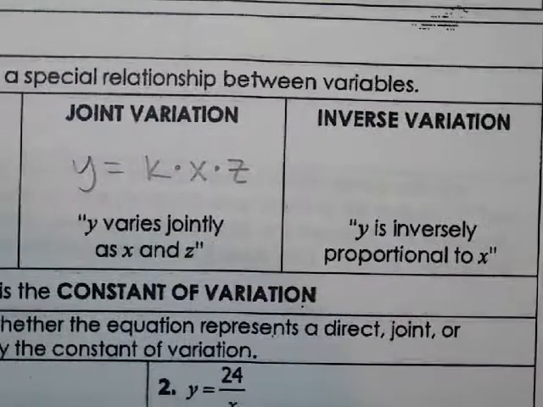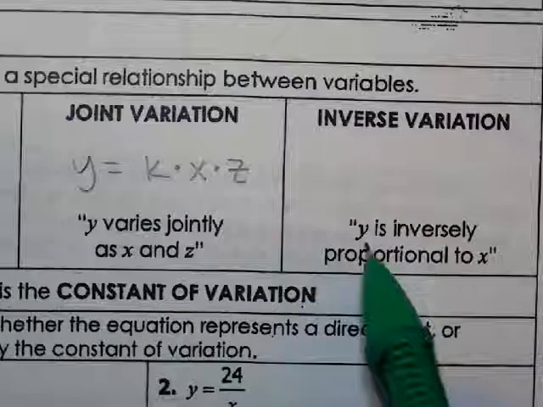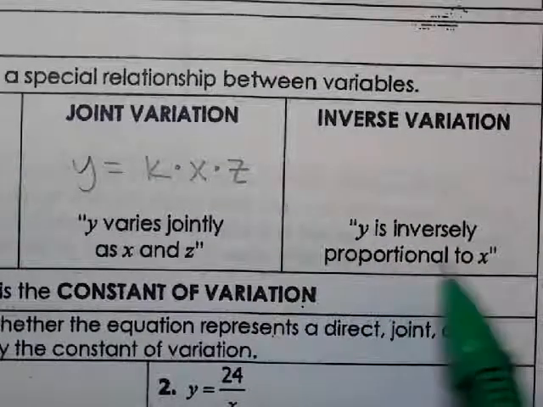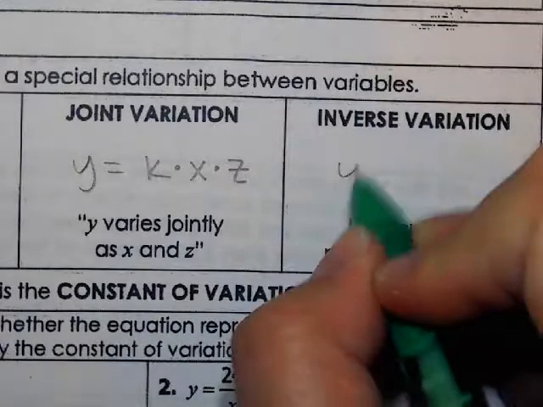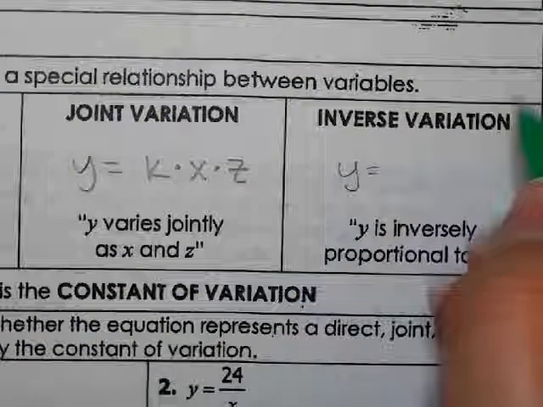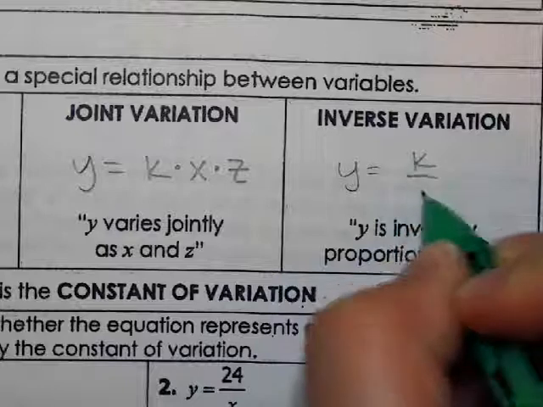And then inverse variation is y is inversely proportional to x. Y equals k over x.